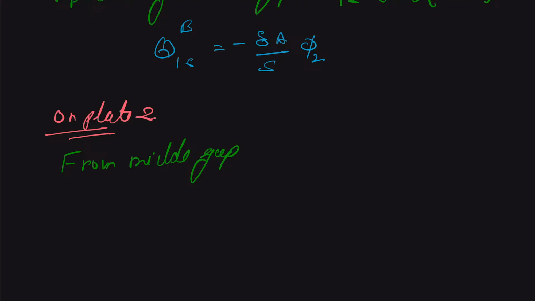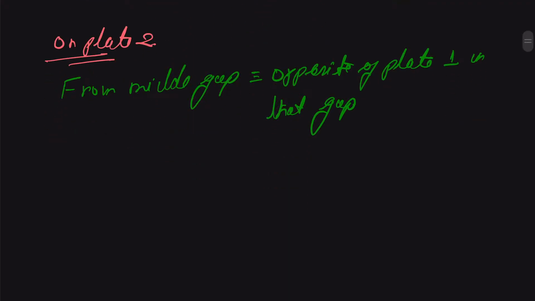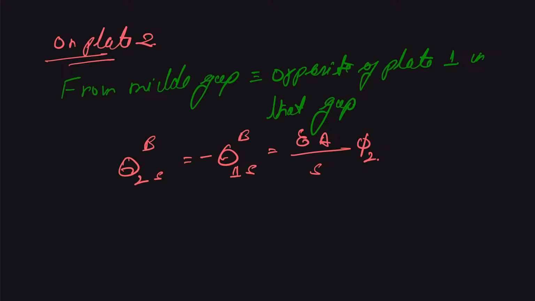We know it will be just the opposite of plate 1 in that gap. Therefore, the charge on plate 2 because of gap S, part B, will be equal to the negative of the charge on plate 1 because of the same gap S, part B. So this comes as negative of negative, which will be epsilon naught A over S times phi 2.